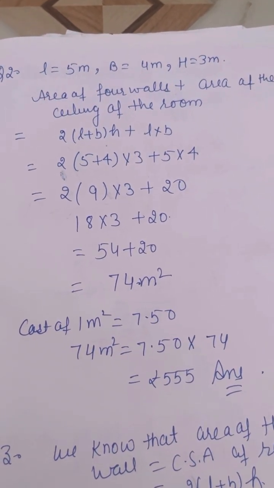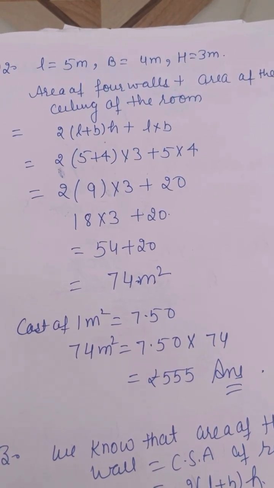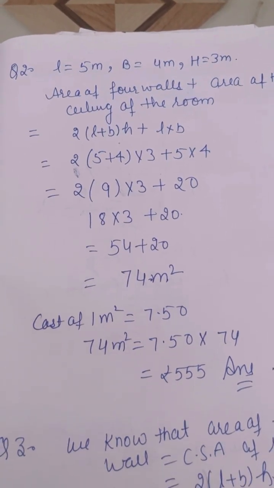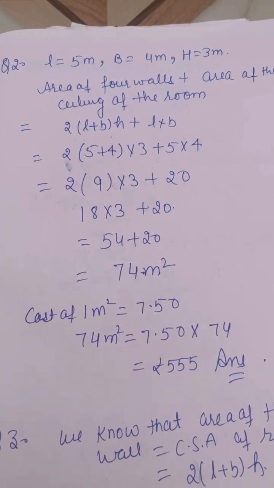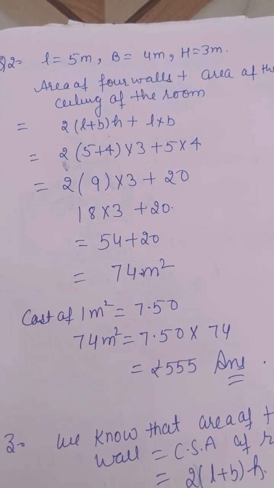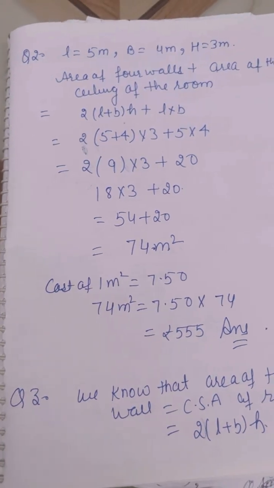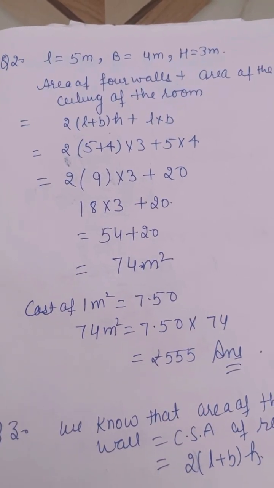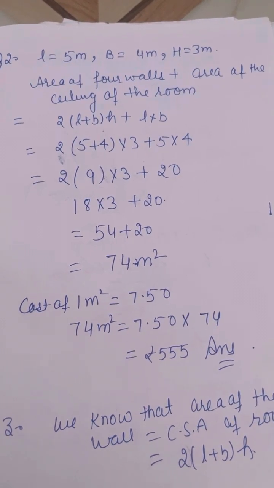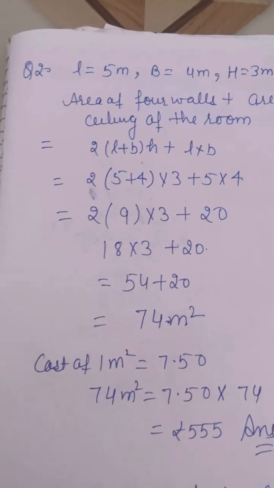So 2 into (5 plus 4) into 3 plus 5 into 4. 2 into 9 into 3 is 54, plus 20, so 74 meter square will be the area. After that, the cost of 1 meter square is given, that is 7.50. So the cost for 74 meter square is 7.50 multiplied by 74, which is rupees 555, the answer.